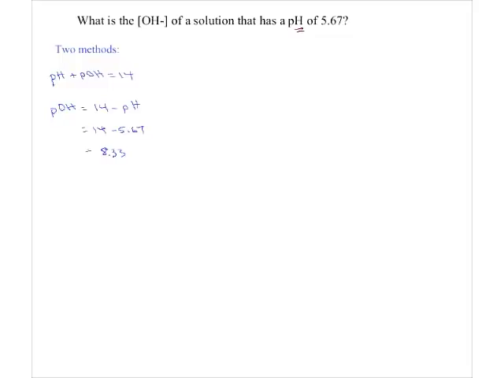And now that I have the pOH, I can easily get the hydroxide concentration because that's equal to 10 to the minus pOH. You've got to watch what they're referring to, whether they're referring to pH or pOH. So in this case, it's 10 to the minus 8.33.